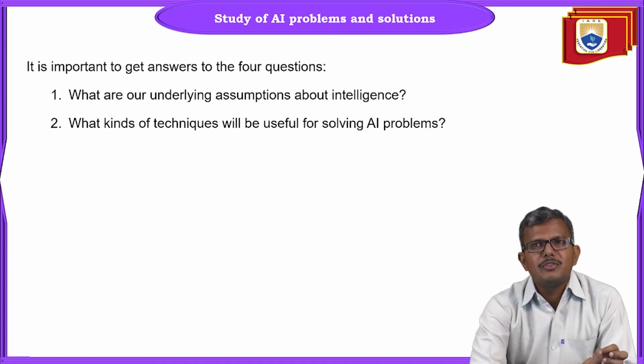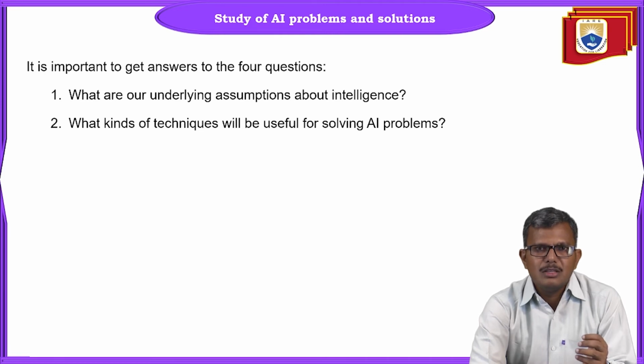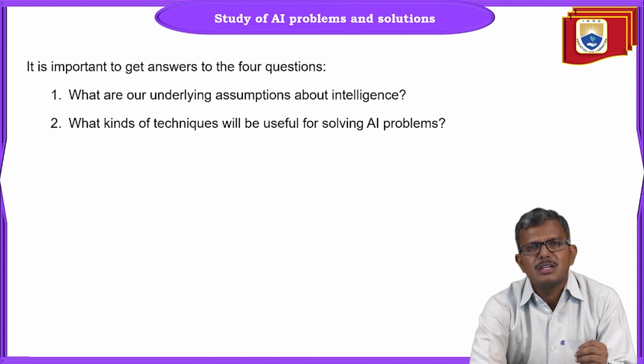Then, what kind of techniques are already available? There are a lot of artificial intelligence techniques that are already proven to solve some kinds of problems. So you need to know what those problems are. For different kinds of problems, there will be different kinds of artificial intelligence techniques. For example, if your problem is related to search, there is a specific technique called heuristic search, or the heuristic search approach.